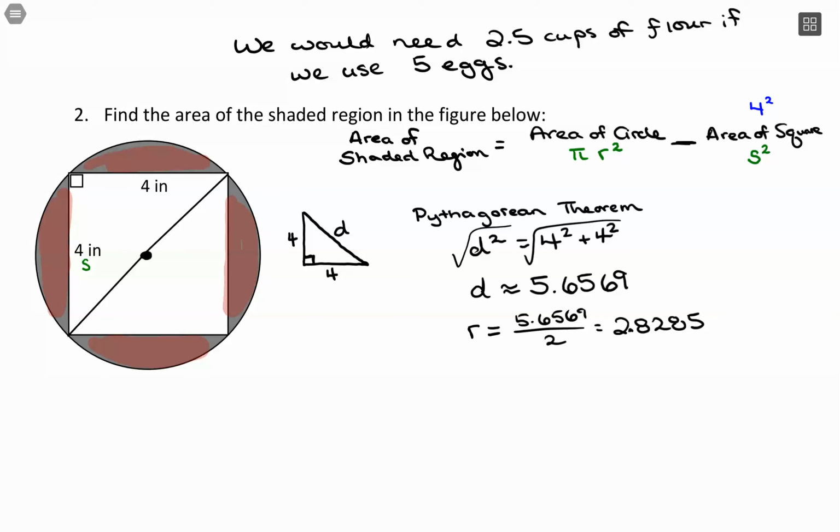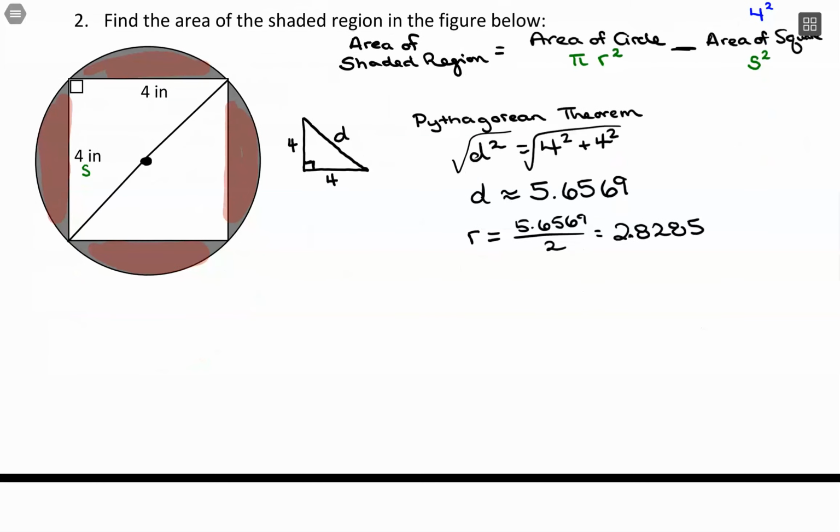So now we can plug into the area of the circle. So let's go back to our formula to get this area of the shaded region. And what we'll take is area of the circle, so pi times r squared, which r is the 2.8285.